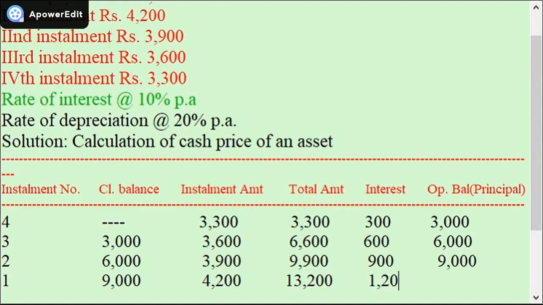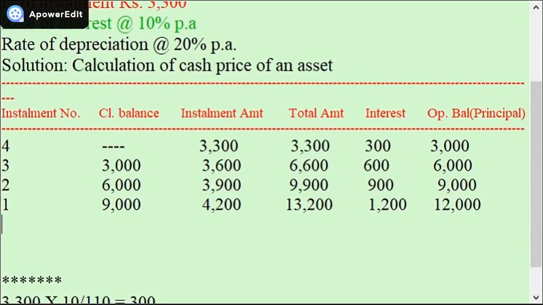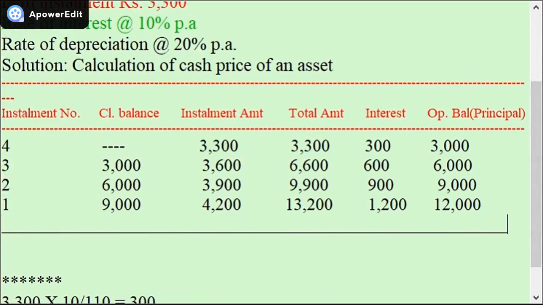That is 1,200. The opening balance is 13,200 minus 1,200. You get 12,000. That's your principal amount at the beginning of first year.